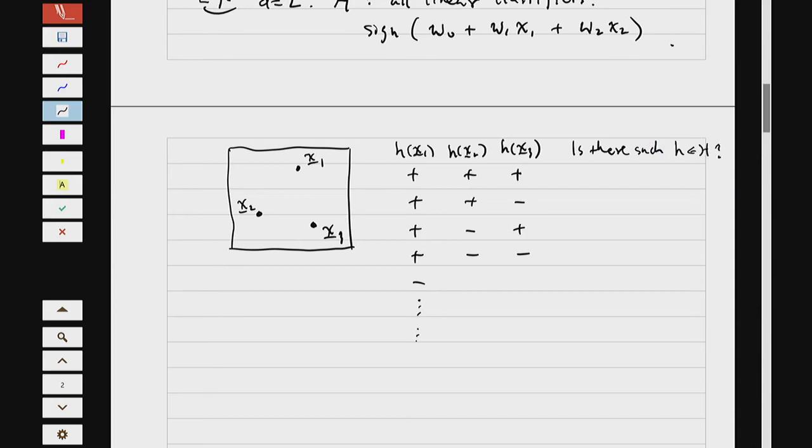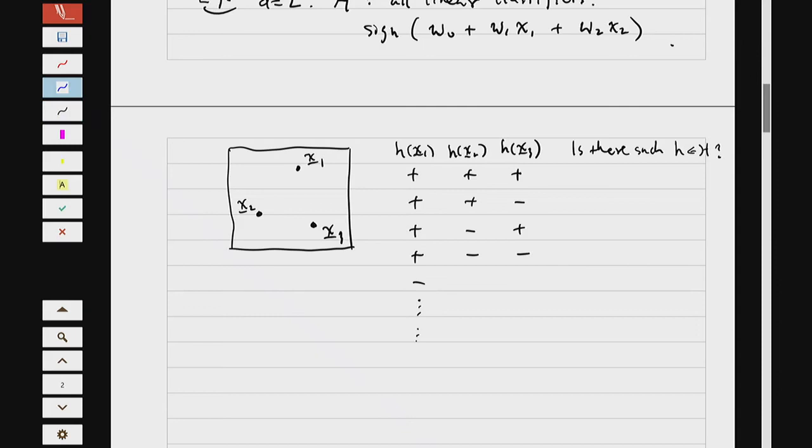Okay. Is there such H that can give me that binary or dichotomy vector? So the first one, plus, plus, plus, what do you think? Is it easy? How do I get plus, plus, plus? Which hypothesis? Come on.